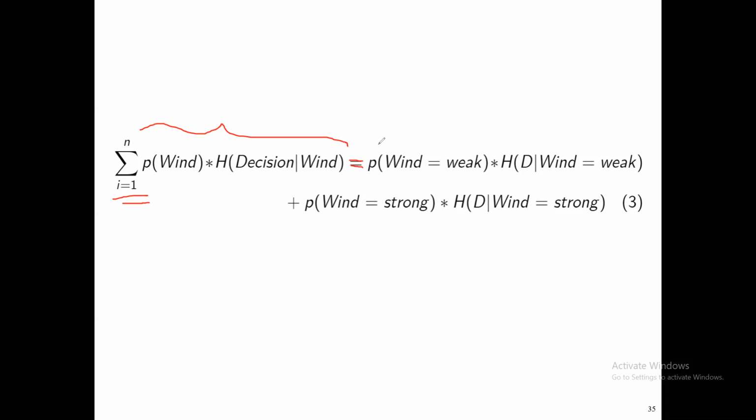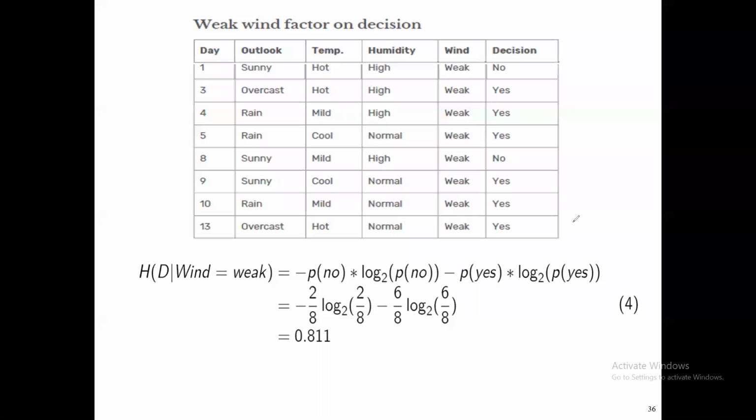So if we extend it, then this will just be probability of wind equals weak times entropy of decision given wind equals weak, plus, due to this summation sign, probability of wind equals strong times the entropy of decision given wind equals strong.